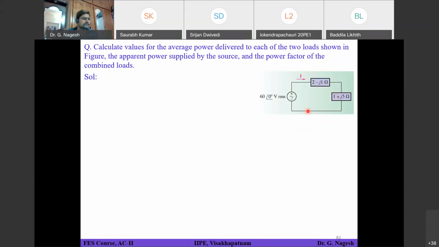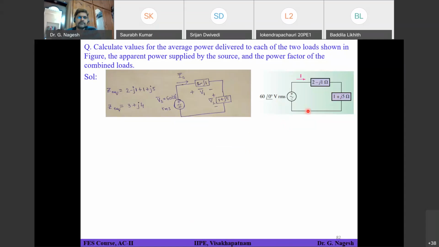So the equivalent impedance is simple addition of the two loads which are shown here. So it will be 3 plus J4. Next you have to calculate current. In this circuit I have represented the source current with IS. So IS will be Vs divided by this Z.